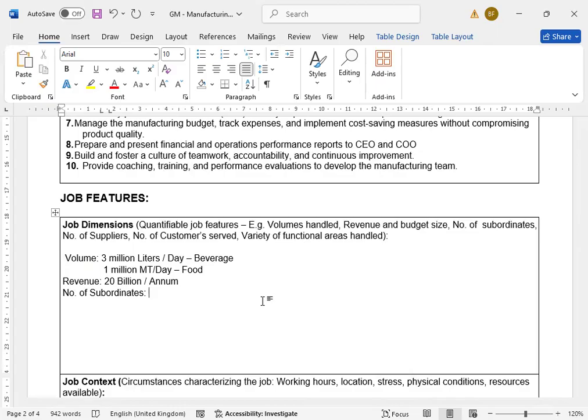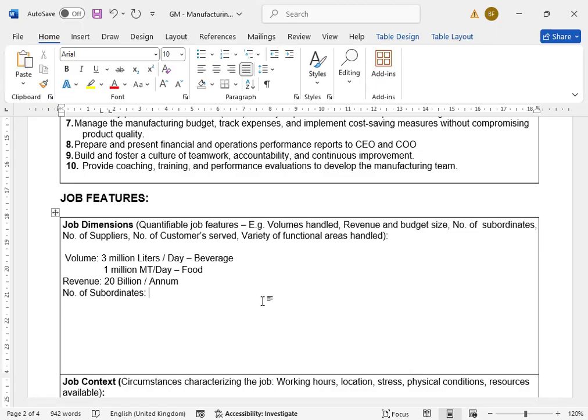So all of this will add up to the job dimension of the role, and this will also add up to the grade or the job size of the role. That's why it's very important that you put here the number of subordinates. For example, a supervisor will only have maybe 10, 20 employees under him.